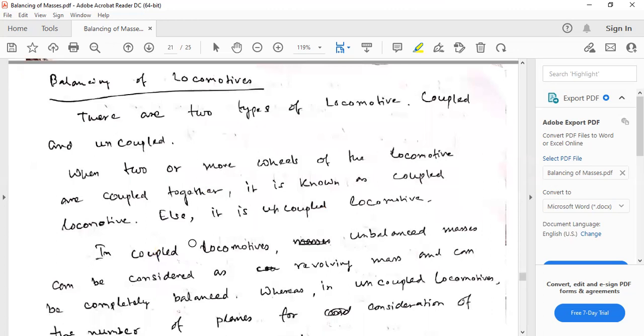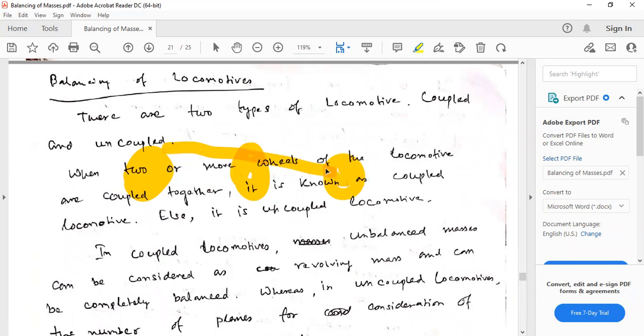Before that, let me tell you, locomotives are actually like the steam engine you have seen. There we have used that reciprocating portion. This is the best example of showing the reciprocating portion. You can search in Google for a steam engine: you have one piston, one crank and connecting rod, and it rotates the engine wheels.